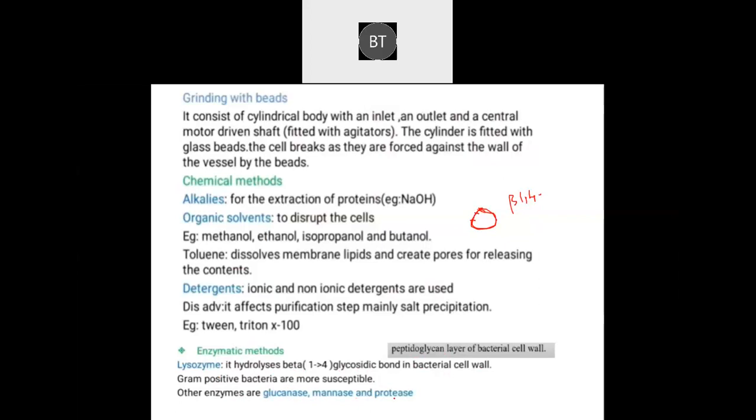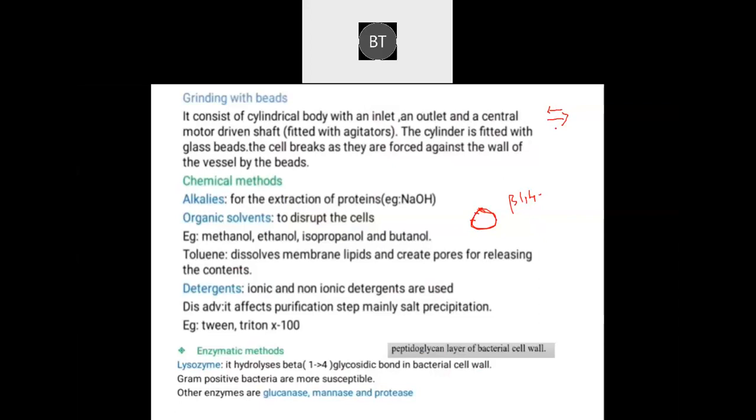One more method we have is known as grinding with beads. I'll show you the picture in the next slide. It consists of a cylindrical body with an inlet and an outlet, and there is a motor driven shaft.